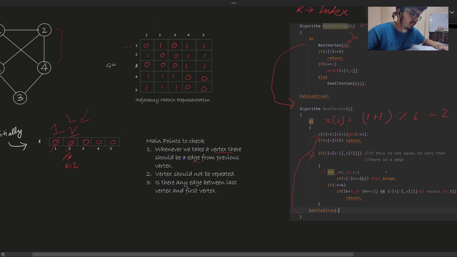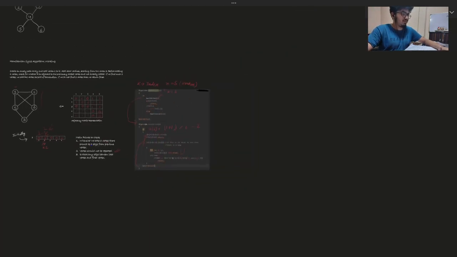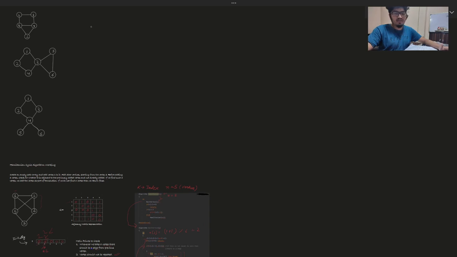Then we will check this line: is there any vertex which has been repeated or not? This loop is for that, and then we will return. So in this way we can check the algorithm. So yeah, that's it. Bye bye.